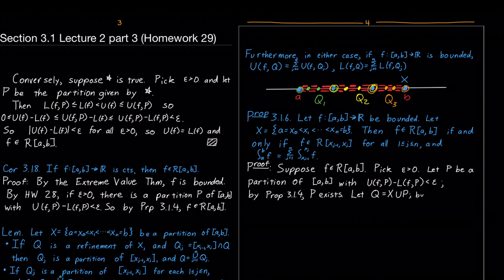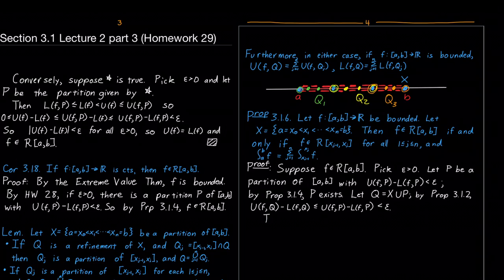So by proposition 3.1.2, we have that the upper sum of f over Q minus the lower sum of f over Q, that difference, is less than or equal to the difference with P's, because Q is a refinement, so that is also less than epsilon.